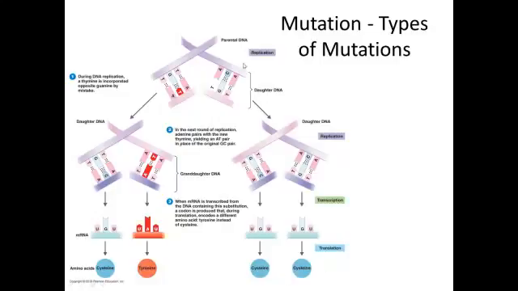Now over here, we'll say that this mistake wasn't perceived and it wasn't fixed. So in the next round of divisions, this new cell gets the previous DNA. There's no mutation. The mRNA still codes for cysteine. But in this cell line, the A gets hooked up with T, as it should, and it codes for tyrosine. So this is how mutations happen.